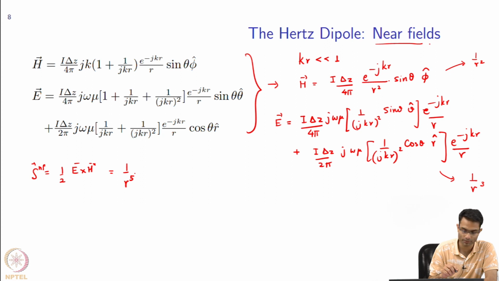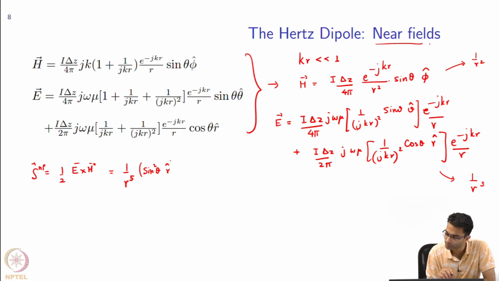Theta cross phi is going to give me an r cap, right. So, I am going to have sine squared theta r hat, and then I have r cross phi, which is going to give me something along theta, sine 2 theta, because cos theta into sine theta along theta hat, and a bunch of constants.